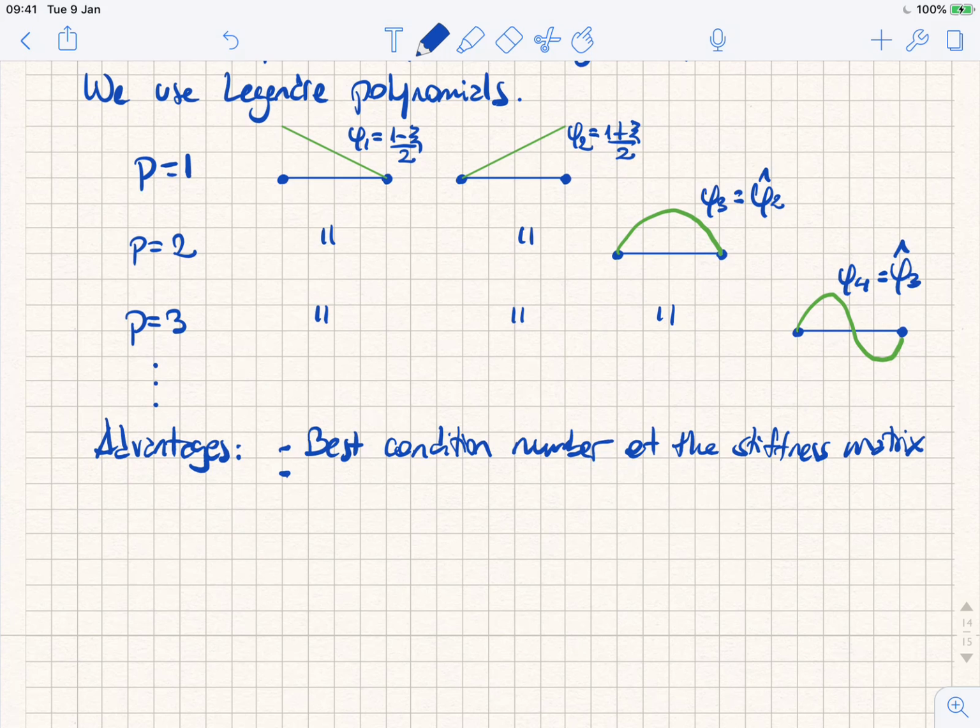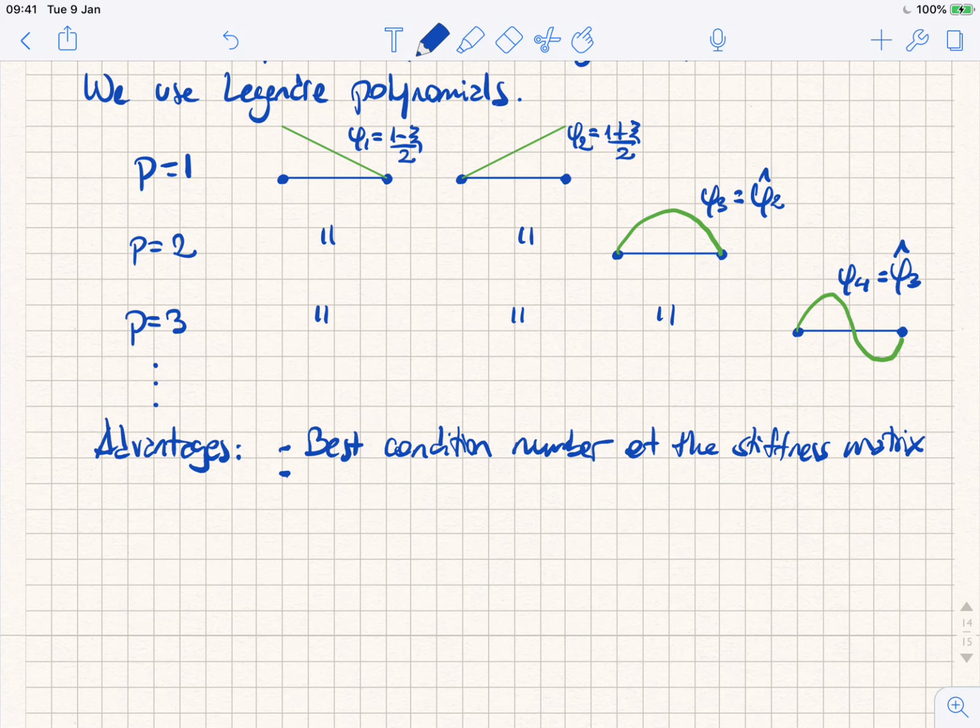Yeah, but it's very, very nice because then if you think about the degrees of freedom for p-FEM, you can only say that the displacement at the end nodes represent the displacement at those nodes. But if you want to evaluate the displacement at any point inside the element, right, you are going to have to evaluate the entire expression.